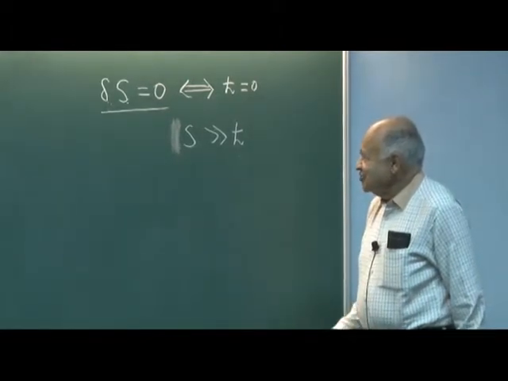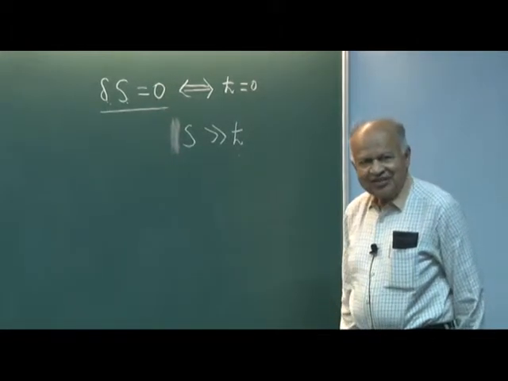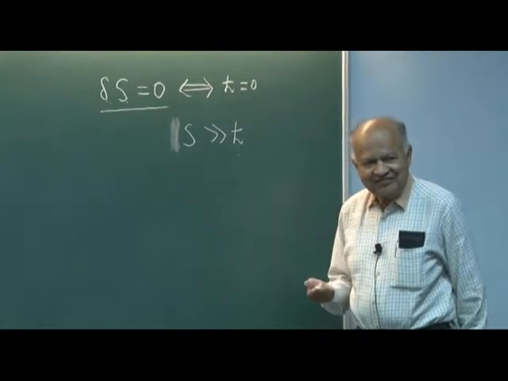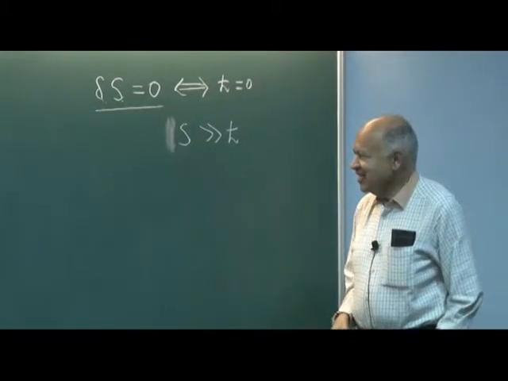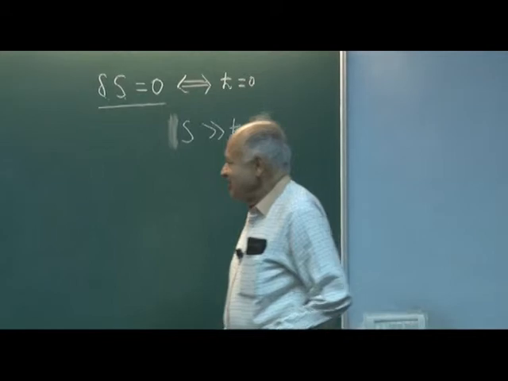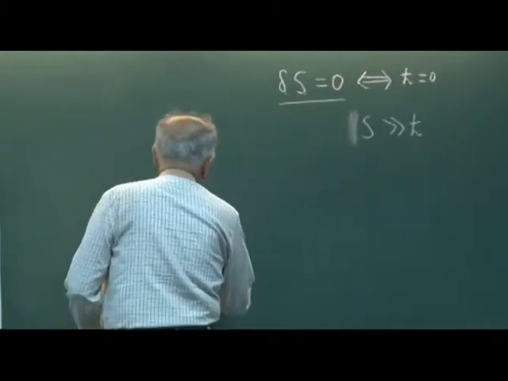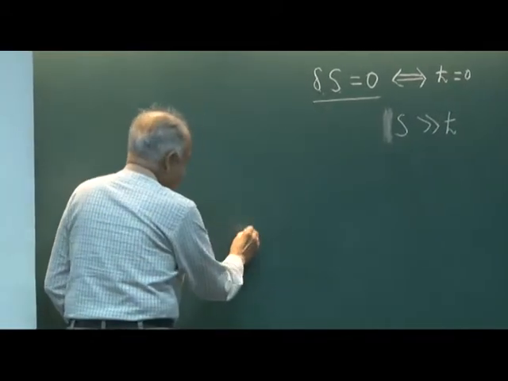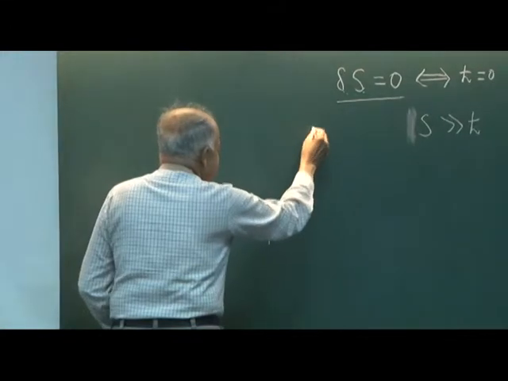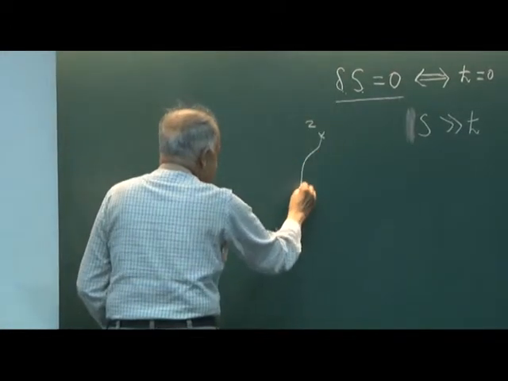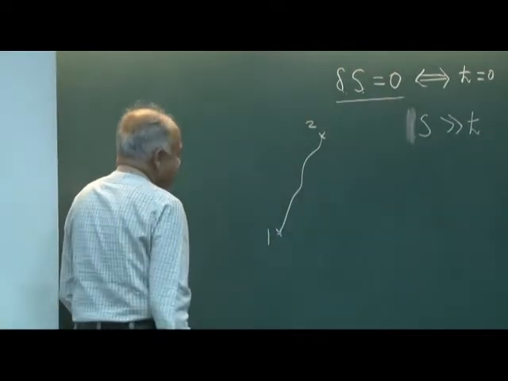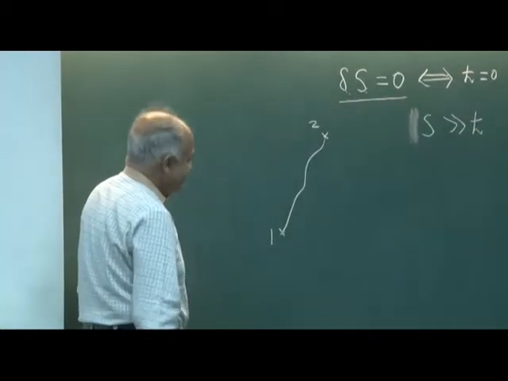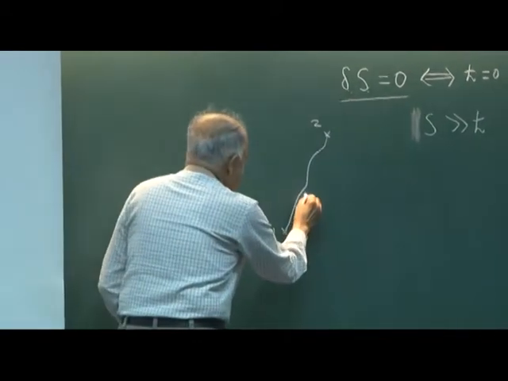So, this was what Dirac said. Now, Feynman took this much further, and his argument is like this: suppose you start from state 1 and go into state 2, then the classical path has delta S equal to 0.